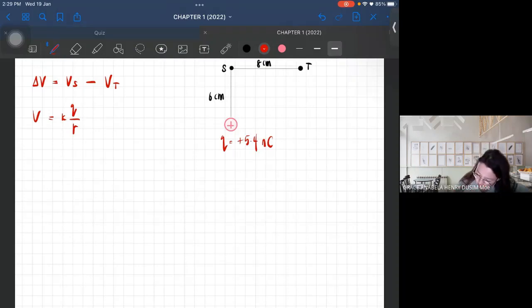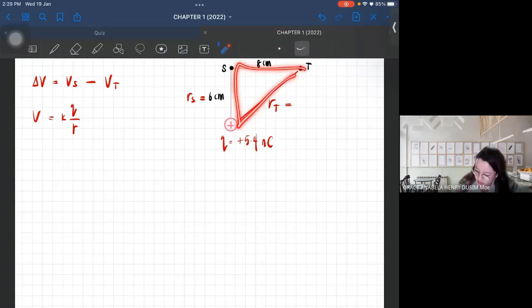Now, what do we have? We have RS. However, we do not have RT, which is this one. So RT is again the hypotenuse of this triangle. So this is equal to 10 centimeter. Remember 8, 6, 10. If you have memorized it, otherwise you can use the Pythagoras theorem.